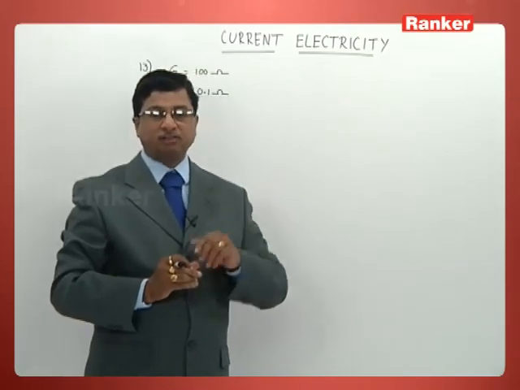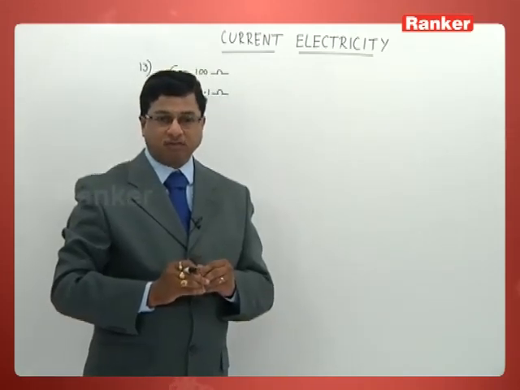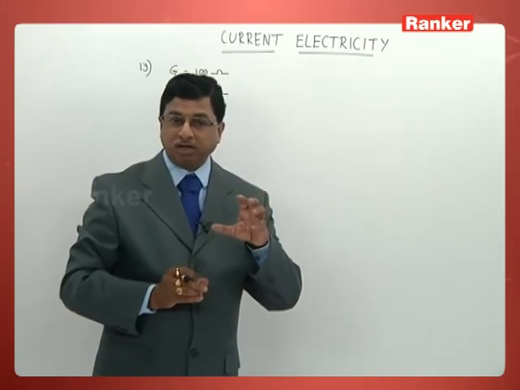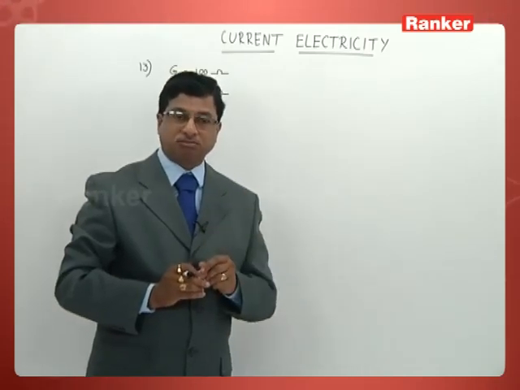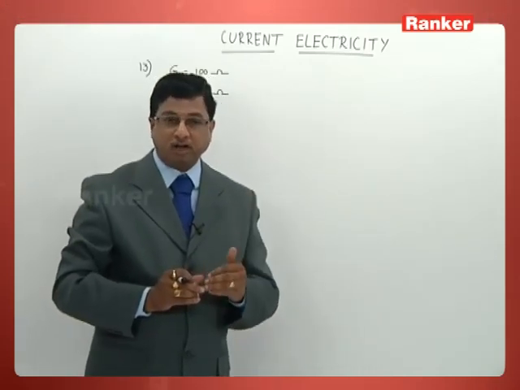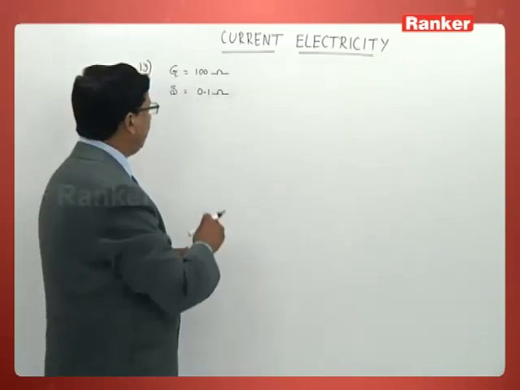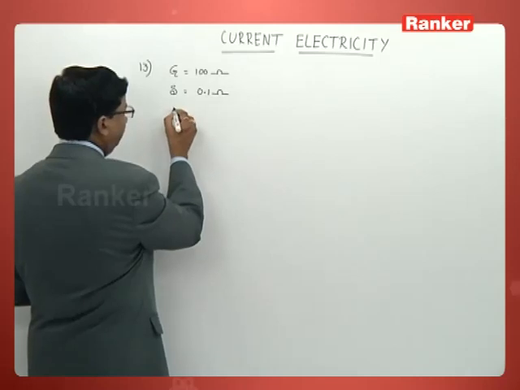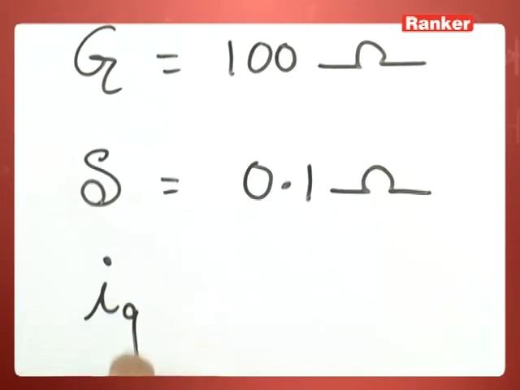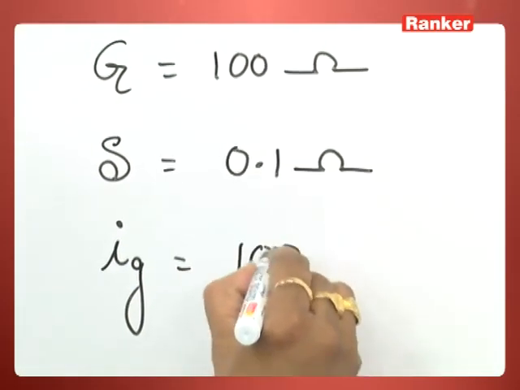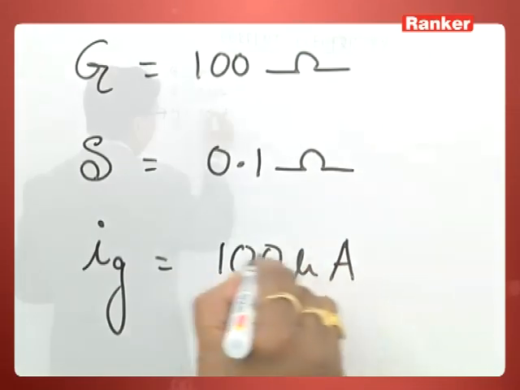Find the current in the circuit so that the ammeter shows maximum deflection. We want the total current. And the current passing through the galvanometer is given as 100 microampere.